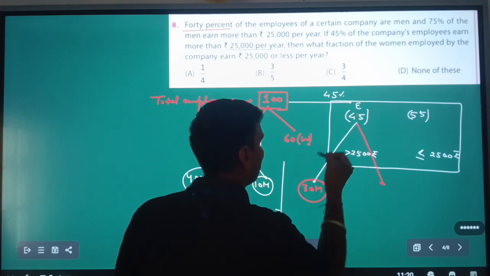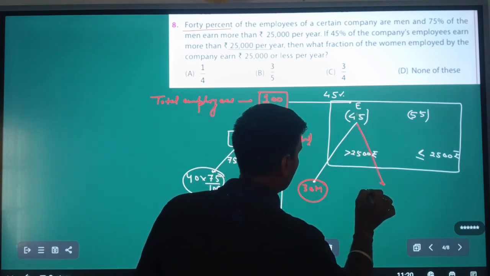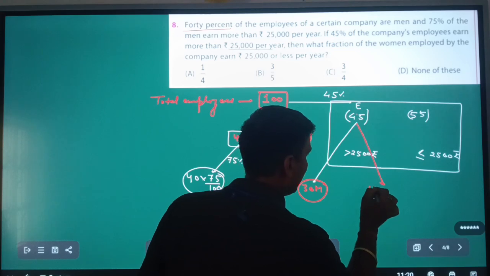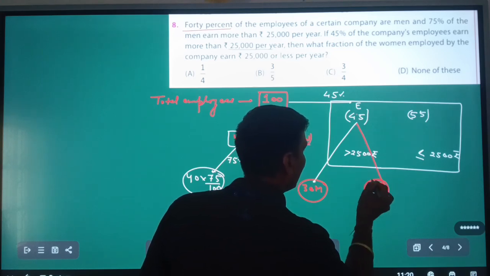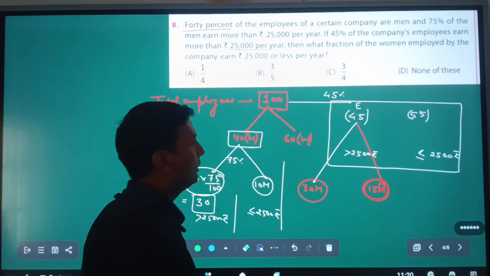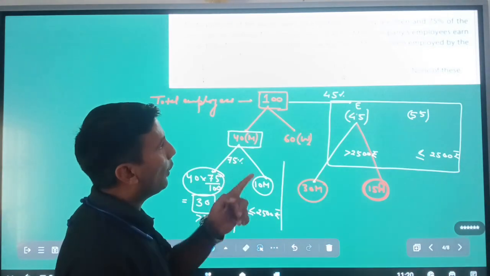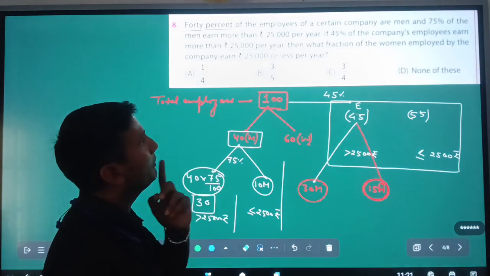So 45 minus 30 men, that is 15 women, will be getting more than 25,000.